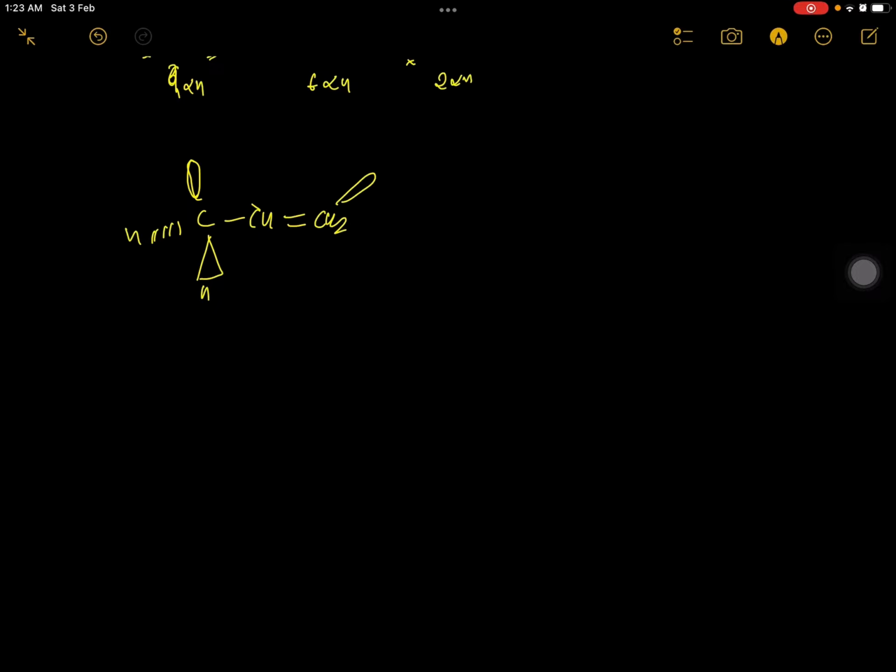See, this lies in the plane like this. On this edge, let's say it goes like this. This is the pi star orbital. Honestly, this is not required, but I'm just telling it for the sake of it.